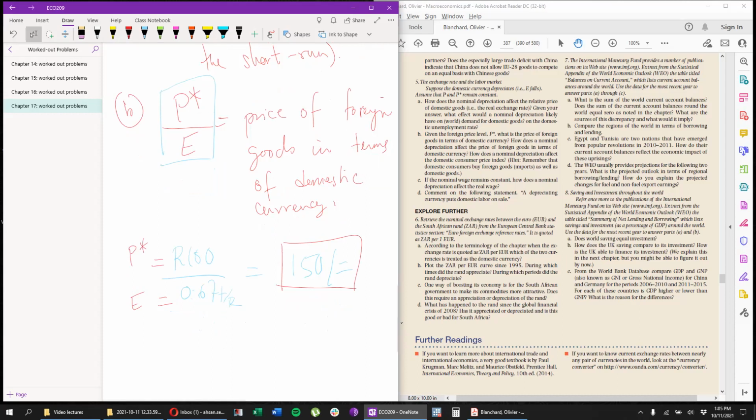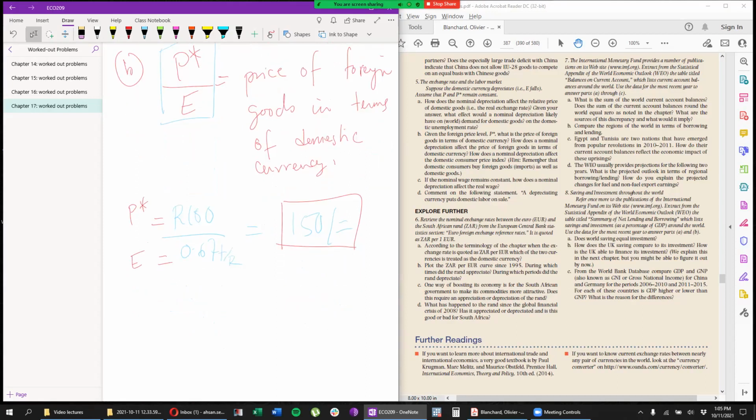Okay, there's still some part of part B left. How does a nominal depreciation affect the domestic consumer price index? Now this is interesting. We have experienced a nominal depreciation. Let me write that down.